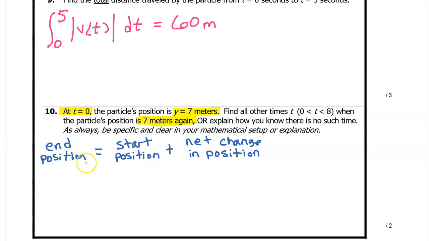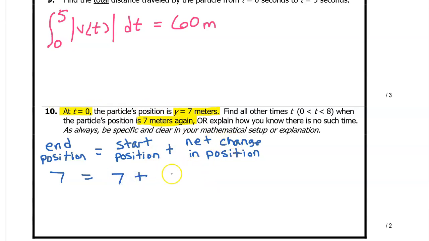That was the most efficient way to set up the problem, but here's another way to look at it. We know that the end position will equal the start position plus the net change in position. In this case, we want the end position to be 7 meters, so I can just put a 7 right here. We are told that the start position at time t equals 0 is also 7 meters.